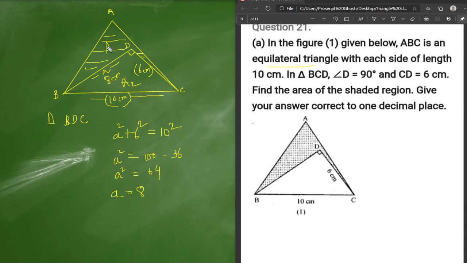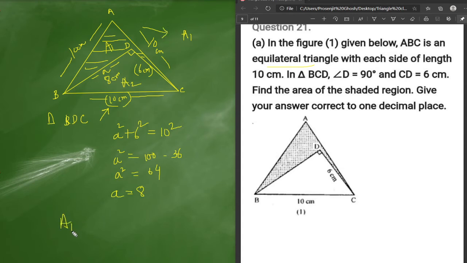Now we have to find the area of the bigger one. How can we do that? It is told that this bigger one is an equilateral triangle. So as you can see, this is 10 on each side. So each side will be 10 centimeter, right? By Heron's formula also, you can get the area of the bigger one.